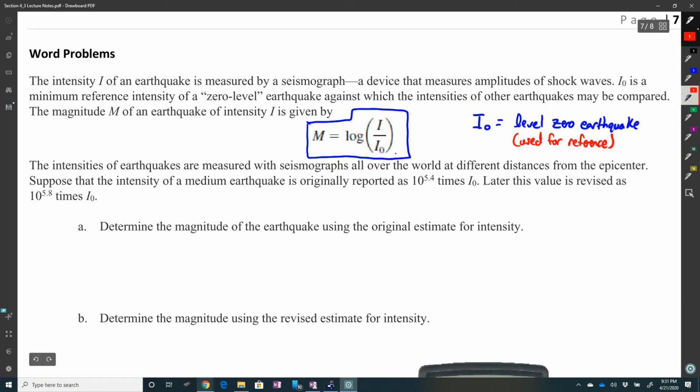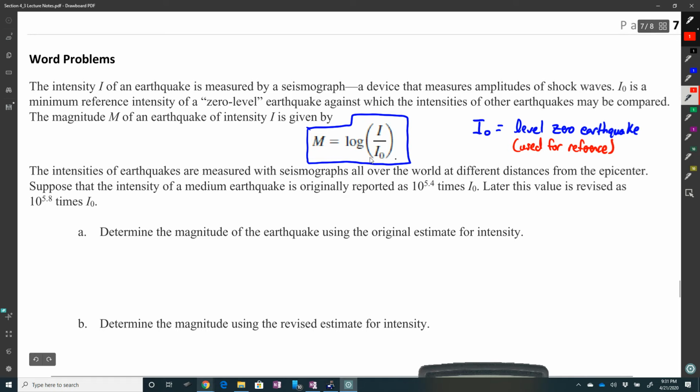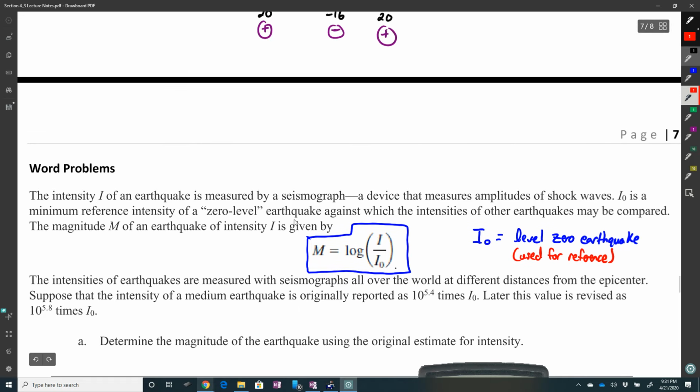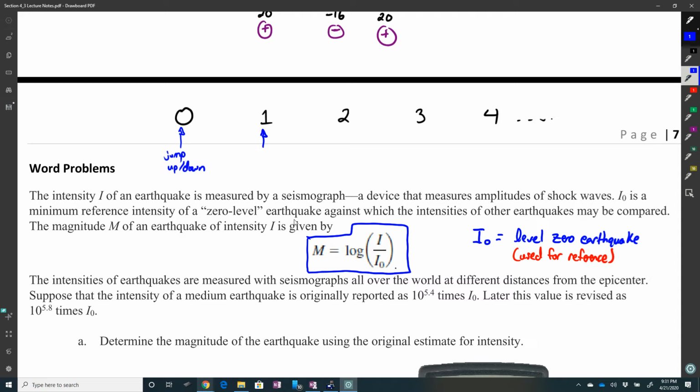Now because the magnitude of things increases rapidly, when you have the Richter scale, usually a 0, and then you have a 1, and then you have a 2, a 3, and a 4, and so on. And so, remember, like I said, this one is just jump up and down. And that's a level 0 earthquake. Whereas a level 1 earthquake will probably be maybe the trash dump truck.